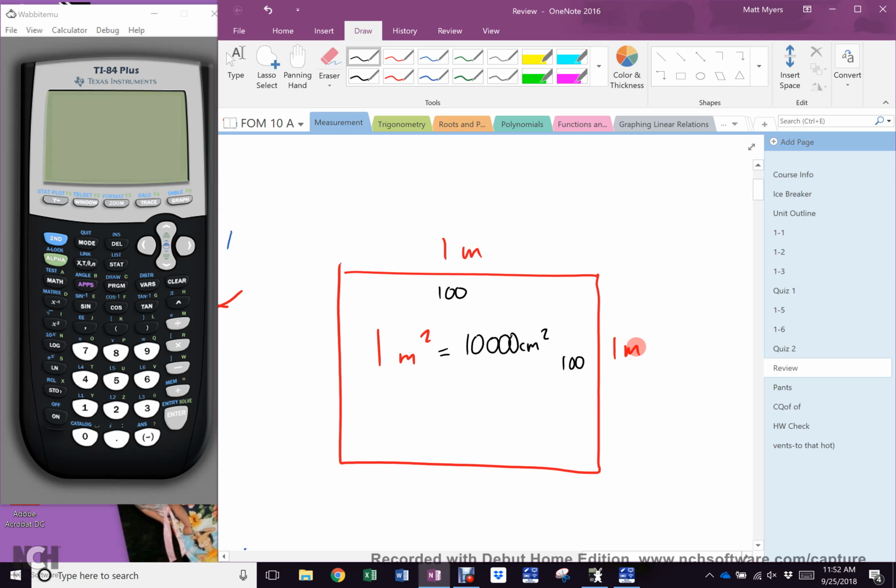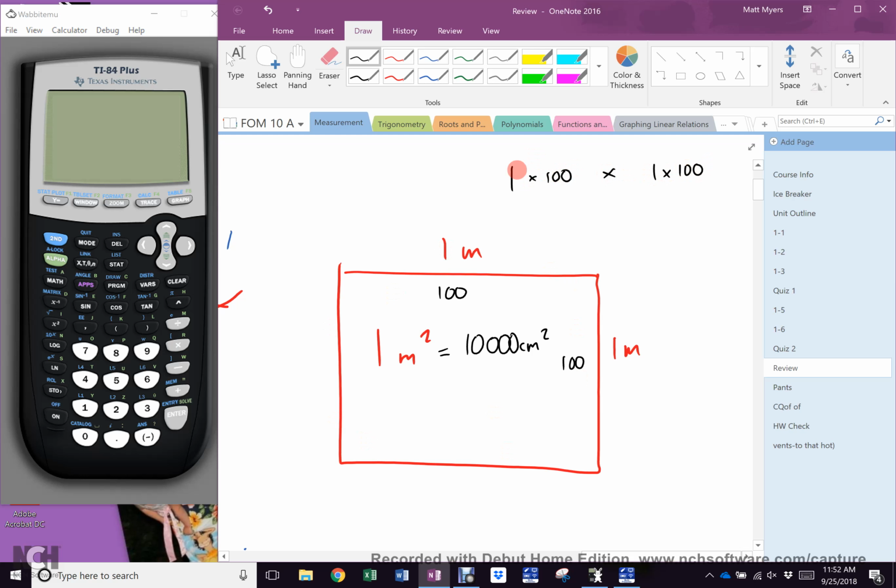So if I were showing you all this math, to convert 1 meter to centimeters, I need to go 1 times 100. Agreed? And then down here, I would need to do 1 times 100, right? And then to find the area, I would have to do the length times the width. Everybody agree?